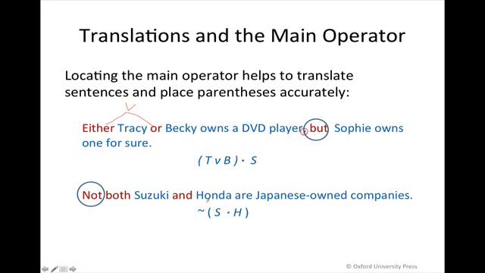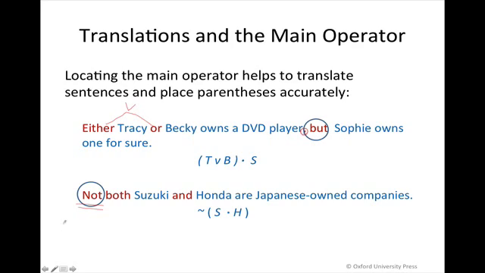Speaking of the rhythm of the sentence, if you read out loud or pay attention to the cadence of your read, you'll probably be in pretty good shape with respect to identifying the main connective. You can also, not always, but very often, look to the beginning of your sentence to find the main connective.